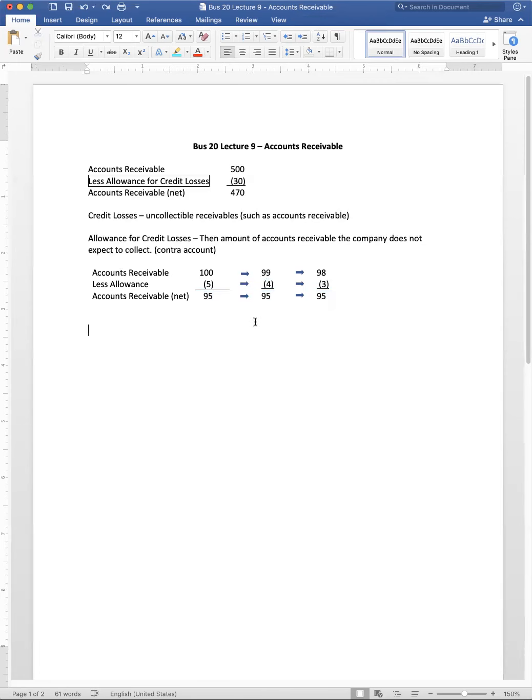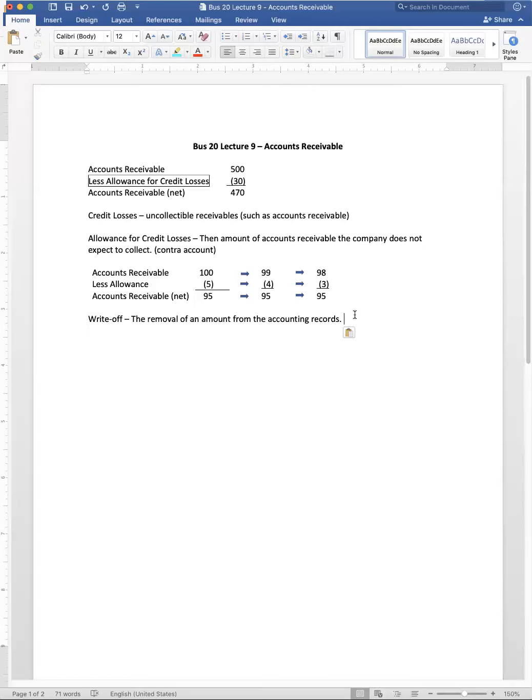All right, so in accounting, this is what we call a write-off. Now, a write-off in general means the removal of an account from the accounting records. Could be anything. If we take something in the accounting records and it doesn't have value anymore and we get rid of it, that is called a write-off.